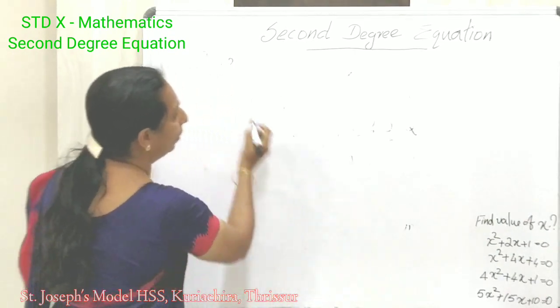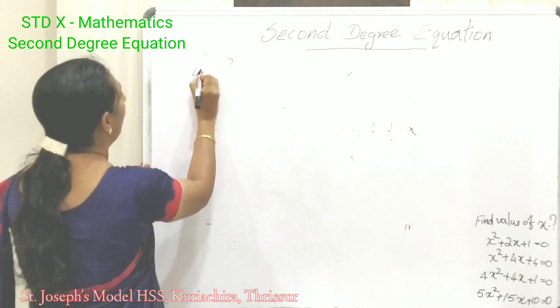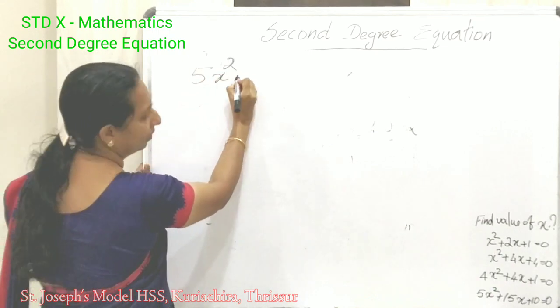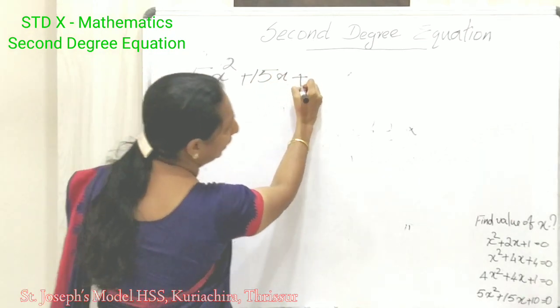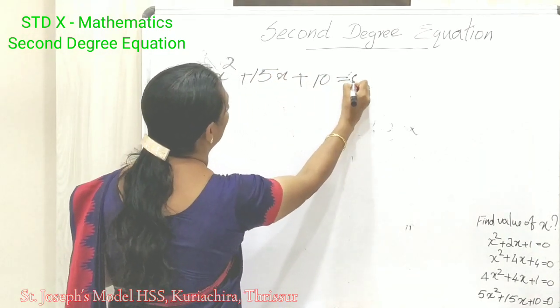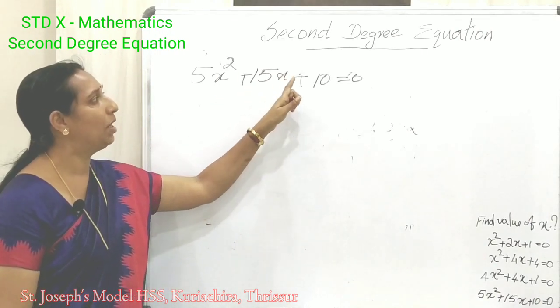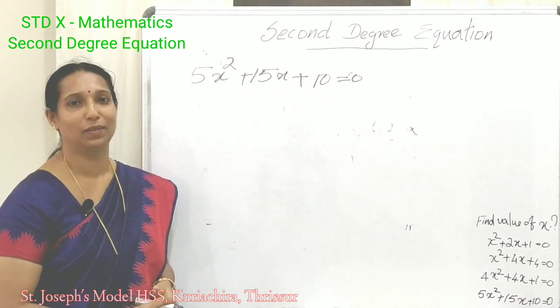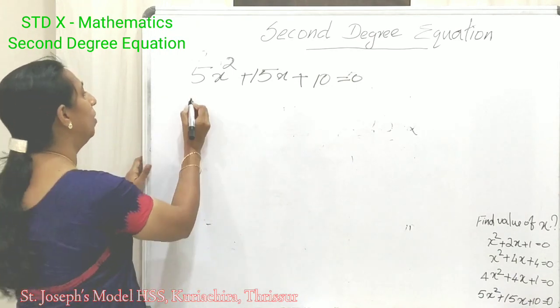Question number 4. Find the value of x in 5x square plus 15x plus 10 is equal to 0. What is the first step? Firstly, you write the formula. What is the formula?